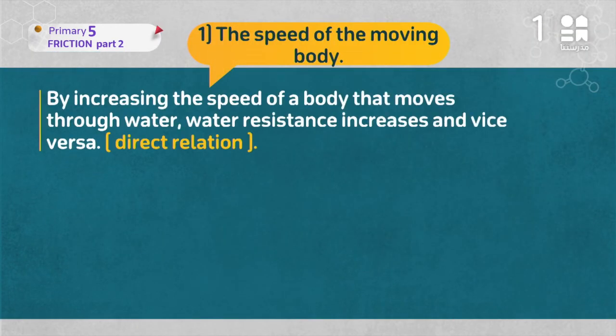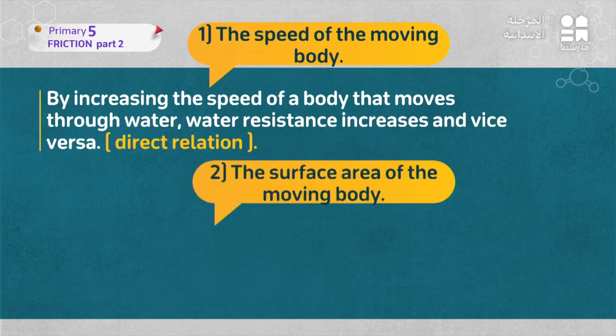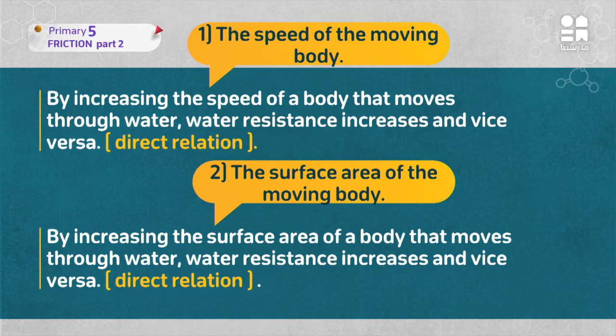The speed of the moving body by increasing the speed of a body that moves through water, water resistance increases and vice versa. So it's a direct relation. طب وال surface area؟ نفس ال air resistance بالظبط. The surface area of the moving body by increasing the surface area of a body that moves through water, the water resistance increases and vice versa, which is also a direct relation.